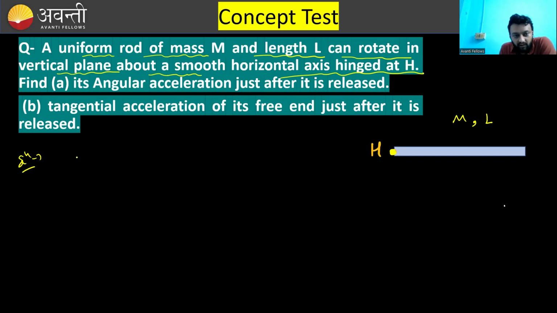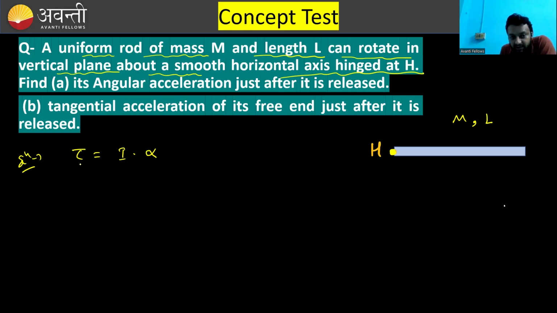Now, what if I say I need to calculate alpha? So first of all, bring a relation that includes alpha. I will say that we know that tau is equal to I into alpha. That's Newton's second law. Nothing else.